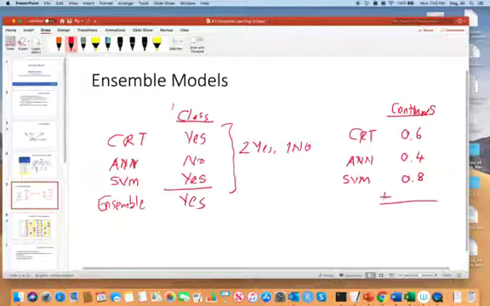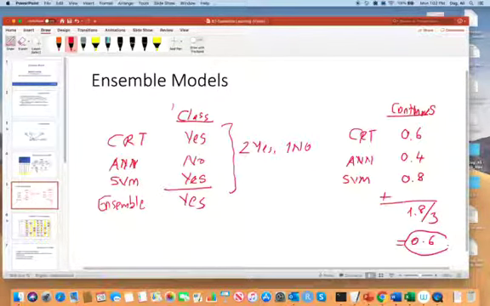So what we'll do this time is there's no yes or no, but we have continuous outcomes, and if they have the same level of expertise in our consideration, we will take the average: 0.6 plus 0.4 plus 0.8 is 1.8 in total, divided by 3, it's going to give us 0.6.